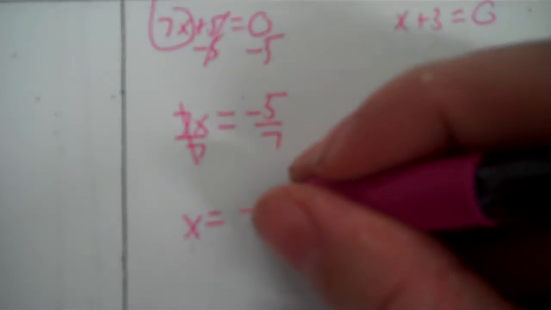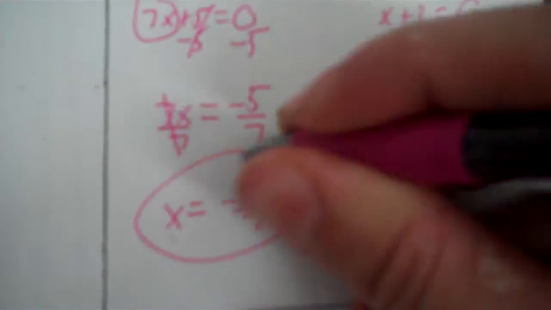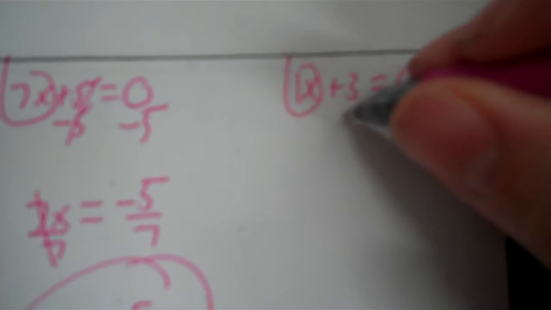So negative 5 divided by 7. Okay, that's kind of a weird answer. If you get a decimal that goes on like that and just never ends, you want to leave your answer as a fraction, negative 5 over 7. Okay? And if you don't really get that, you come and talk to me. Okay? So I box up 1x, I minus 3, so 1x equals negative 3. I don't need to divide if the coefficient's 1.